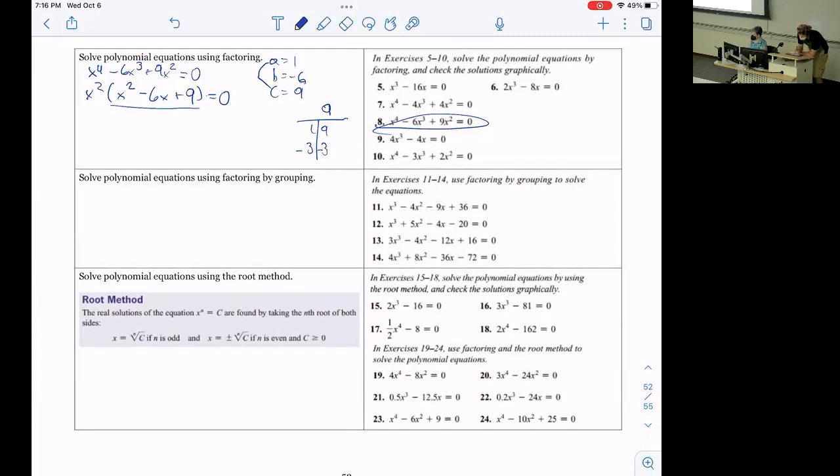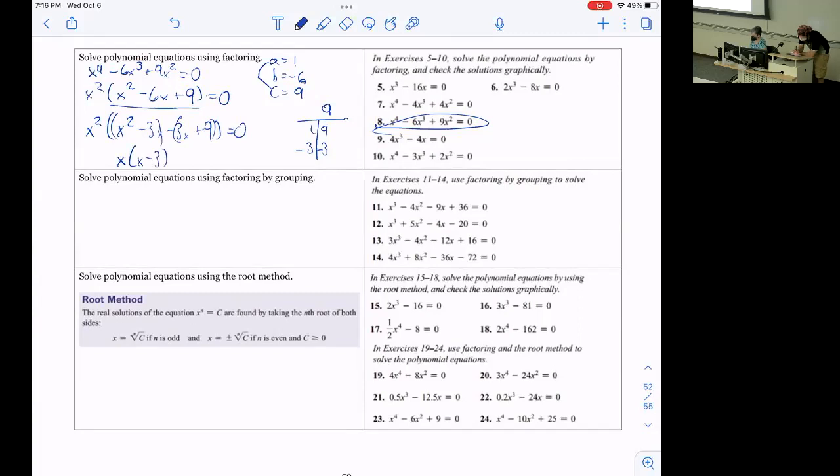-3 and -3, right? So we still have to bring this x squared down, and we can separate this into x squared minus 3x minus 3x plus 9. Like we were doing earlier, we can group these and factor. The first one we can factor out an x, and be left with x minus 3.